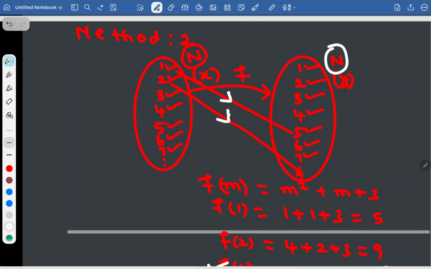Each element in the N domain has an image in codomain N. Therefore, f is 1-1.